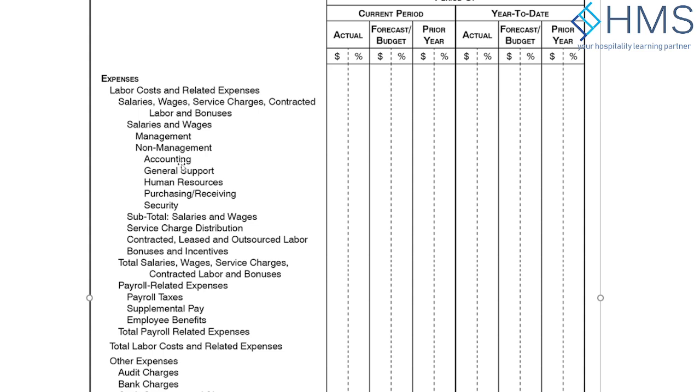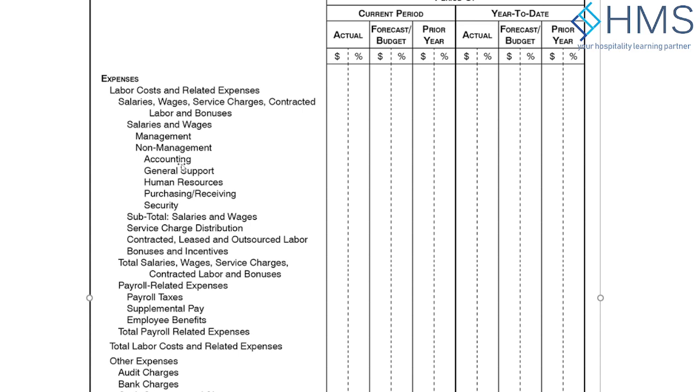But if the security is hired directly by the hotel and the payment is done through the payroll of the property, and you are paying the social security benefits or the provident fund or any other government related dues directly on behalf of the employees, then the cost of those staff will go into the salary and wages.